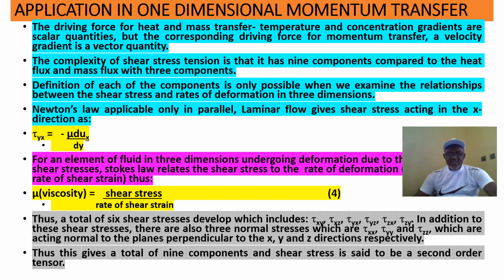Looking at these, because of the vector quantity, we are going to have 6 shear stresses and of course 3 normal stresses. That makes it 9 components, different from a scalar quantity, because velocity is a vector quantity.